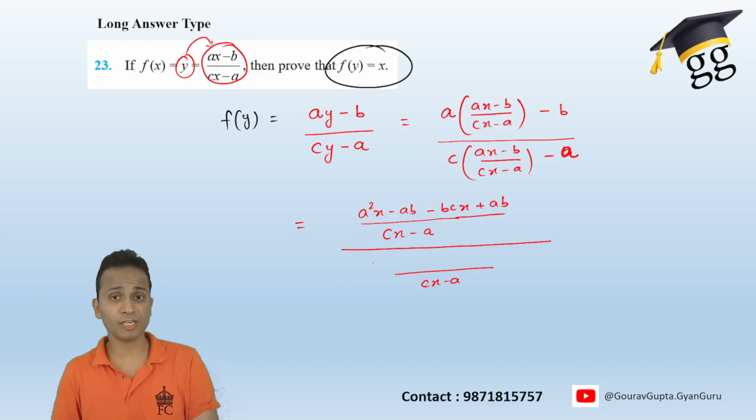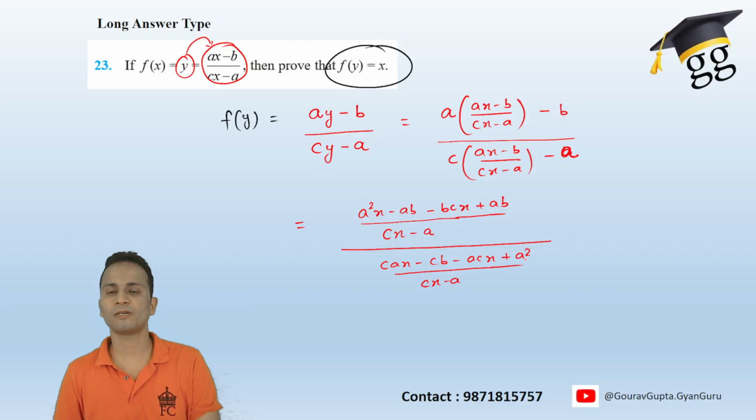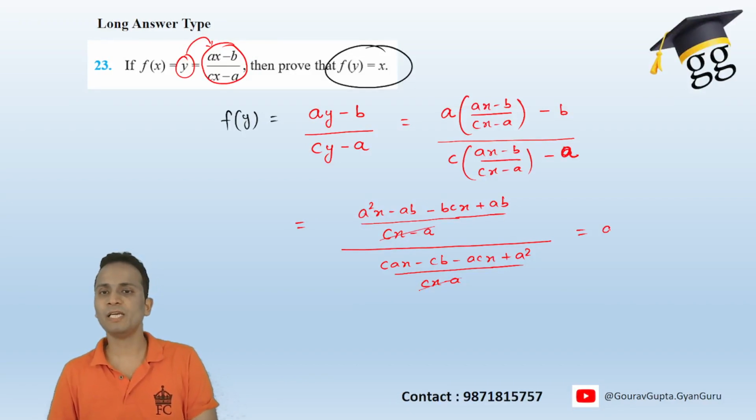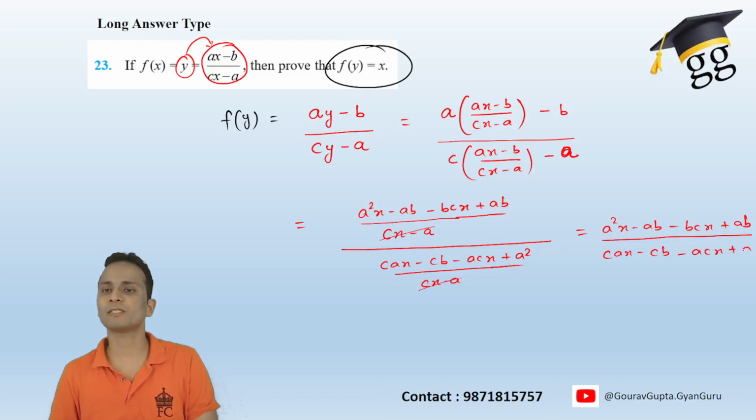So the numerator of the denominator will become cax minus cb minus acx plus a square. The denominators cx minus a of both will get cancelled. So it will be a square x minus ab minus bcx plus ab whole divided by cax minus cb minus acx plus a square.